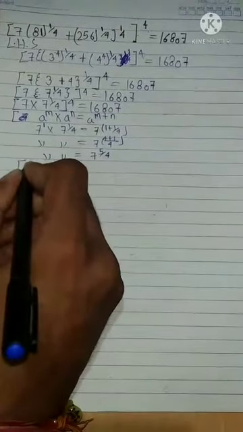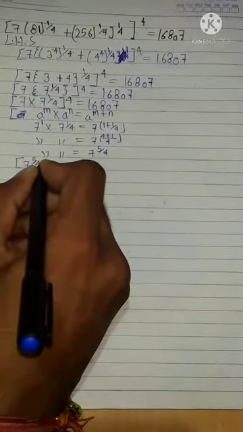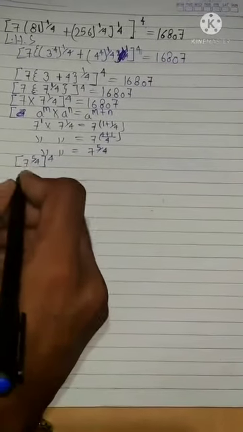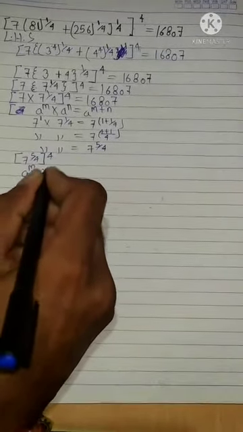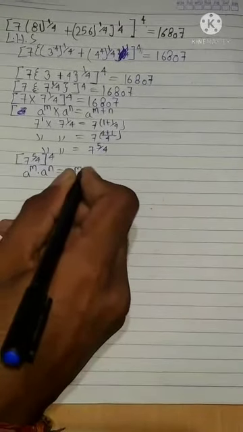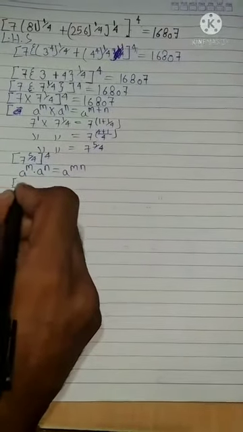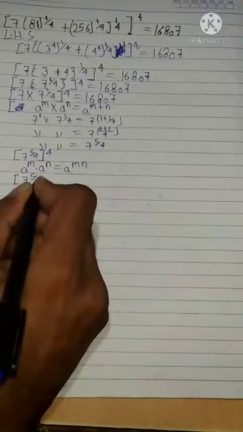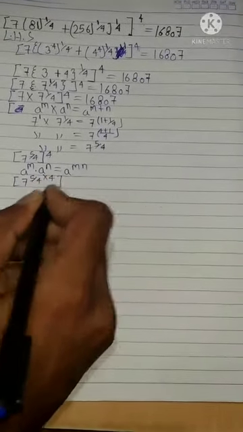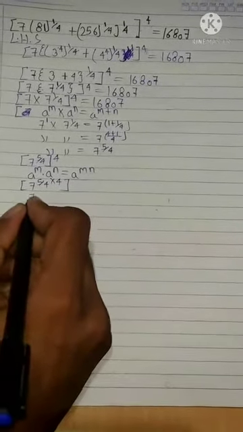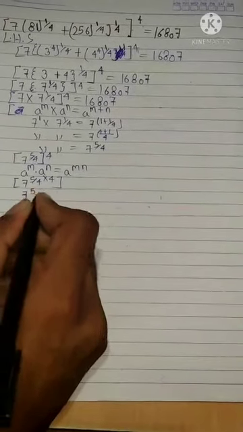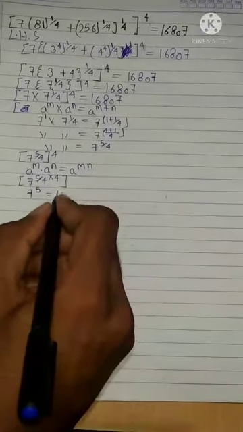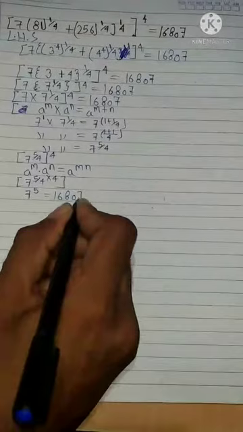Write 7 to the power 5 by 4 whole to the power 4, using the identity a to the power m whole to the power n equals a to the power mn, then it becomes 7 to the power 5 by 4 into 4, then it becomes 7 to the power 5 equals 16,807.